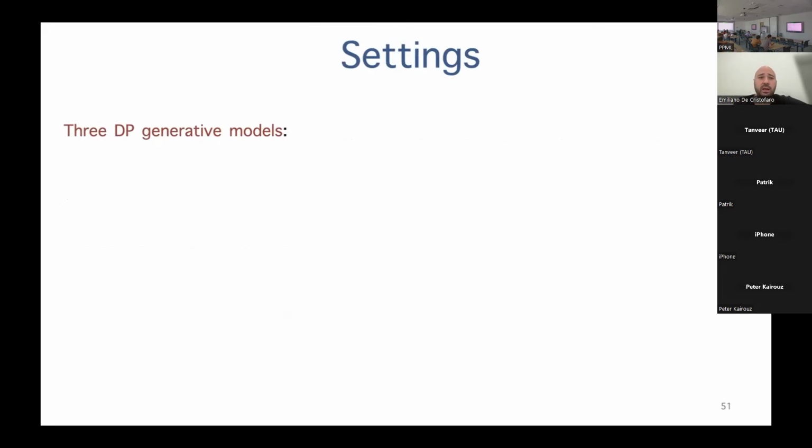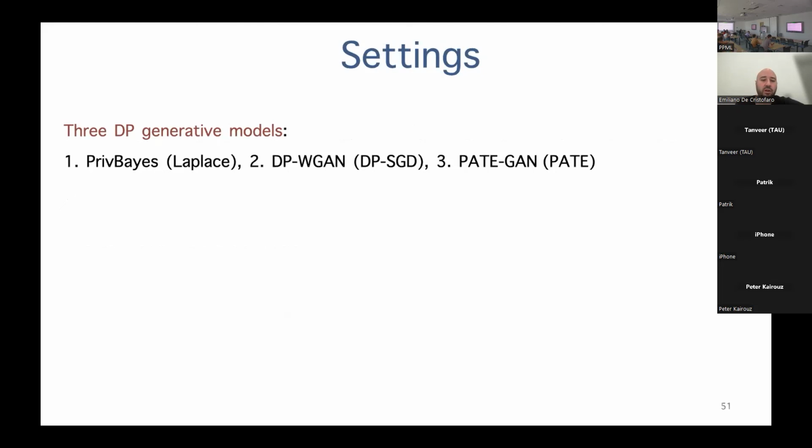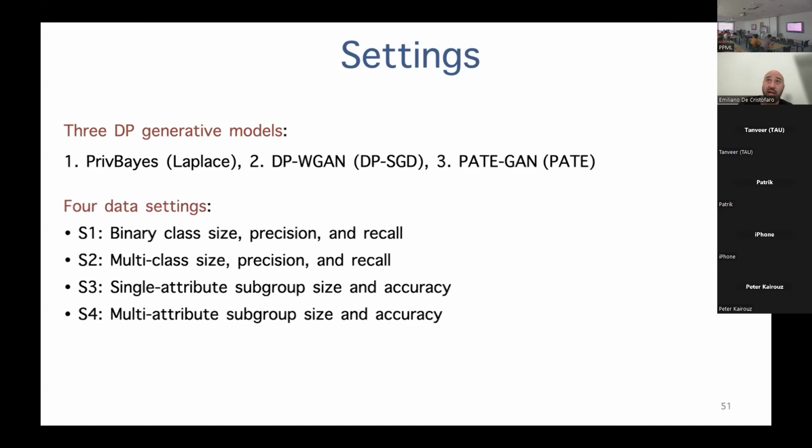Anyway, we experiment with three differentially private generative models: PrivBayes, which uses Laplace, DP-WGAN, which uses a standard DP-SGD, and PATE-GAN, which uses PATE as the underlying differentially private algorithm.